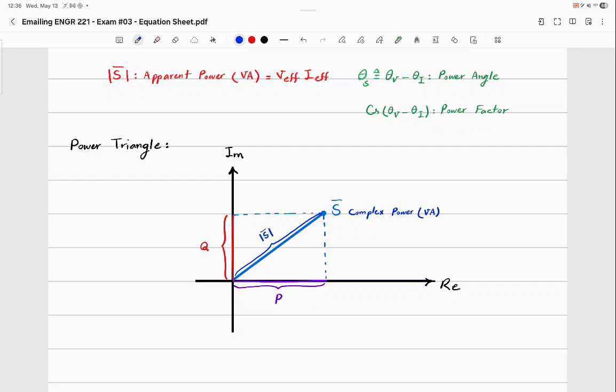That's why it helps. See, the length is called the apparent power, but the point, the coordinate, the complex number on the plane is called complex power. What do you call this angle? Power angle, okay? Theta s or theta v minus theta I.